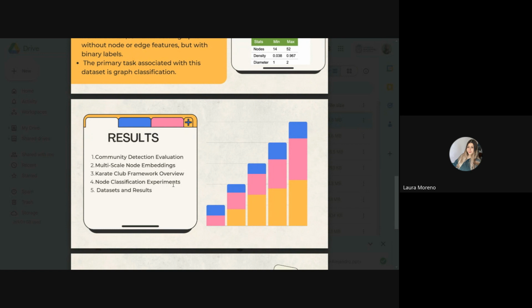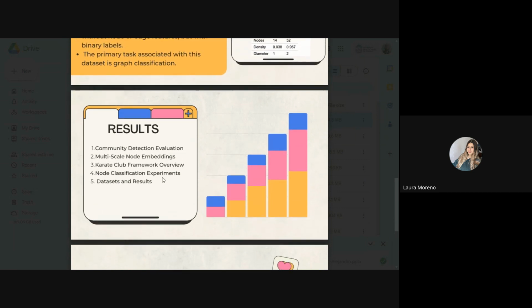And these techniques can be used for various tasks, social link prediction and node classification. About the dataset and results, this research covers diverse datasets, including Reddit threads and Twitch egos, which is the one we study.